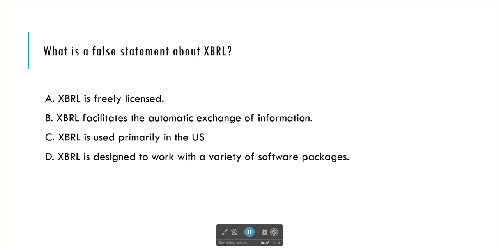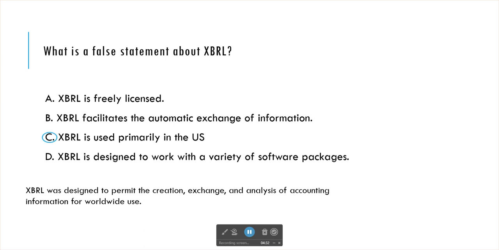So saying it's only or primarily in the U.S. is wrong. And it does have to work with a bunch of different software packages, because the companies filing their financial statements will have different types of packages in place.